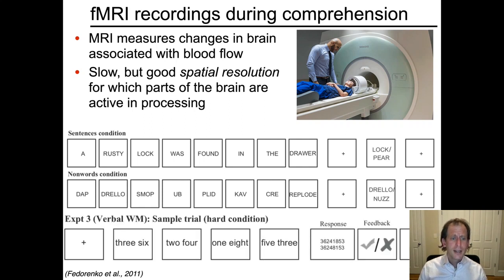We can contrast that with another experiment which involved verbal working memory. In particular, people had to see sequences of digit pairs and then match them to a numeric digit representation of the digit pairs and say whether there was a match or not. So these are the tasks: sentences, non-words, and verbal working memory.